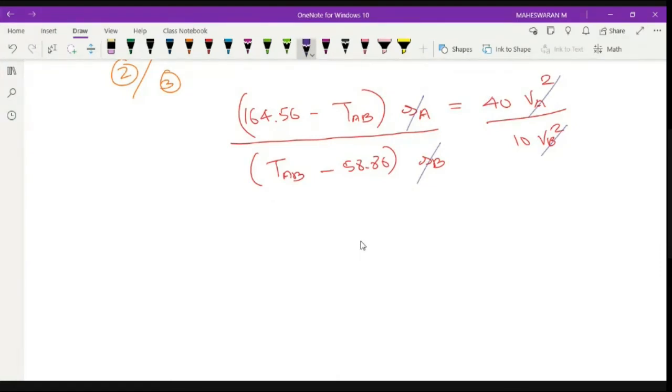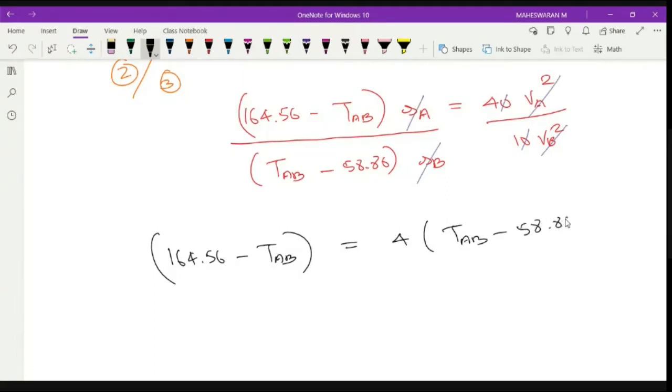So what I can do, I can simply write the other equation and cross multiply. The zeros cancel and you will get 4. So I will write it like this: 164.56 minus TAB is equal to 4 into TAB minus 58.86.